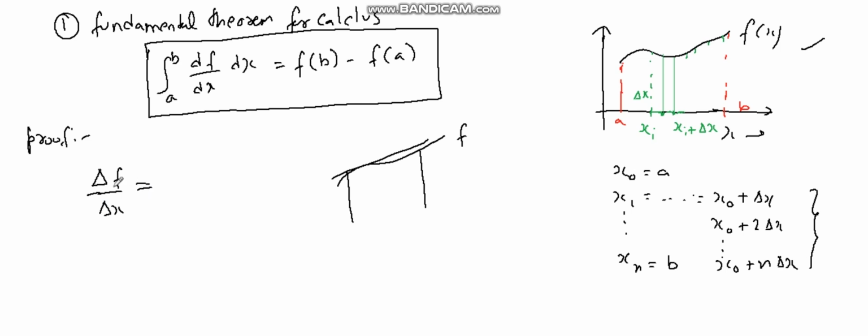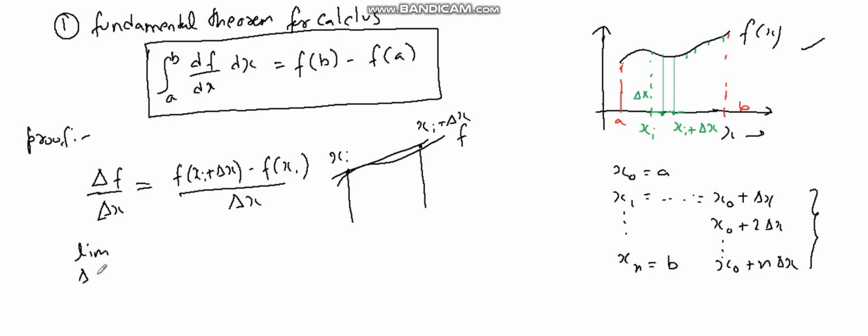Let's say this is a point xi and this is a point xi plus delta x. So we can write f of xi plus delta x minus f of xi, divided by delta x. When we take the limit delta x tends to 0, and these two lines come very close to each other, this term will give the derivative.